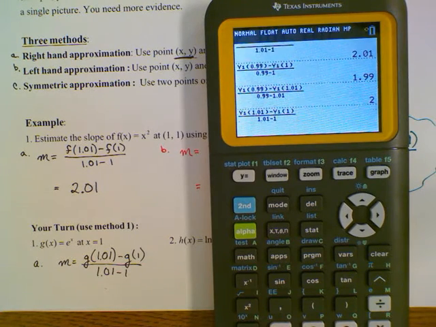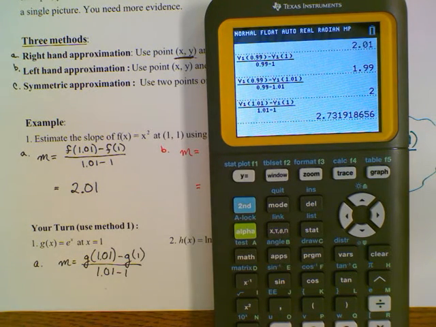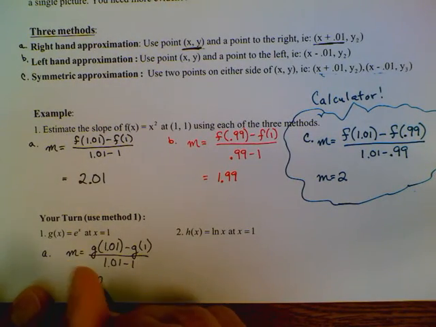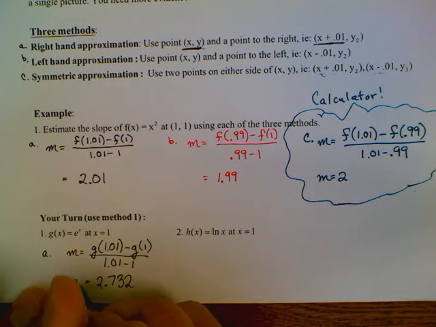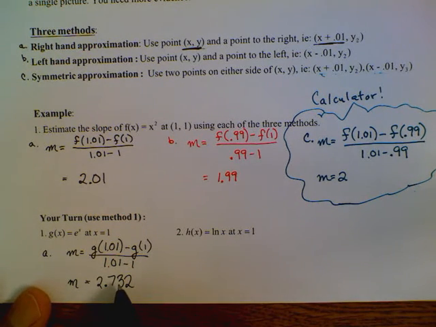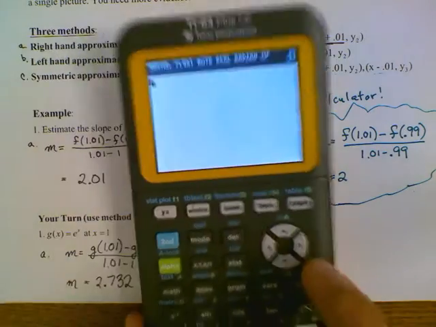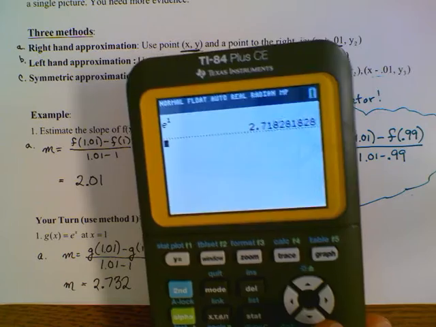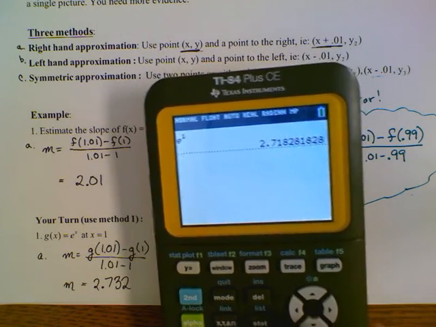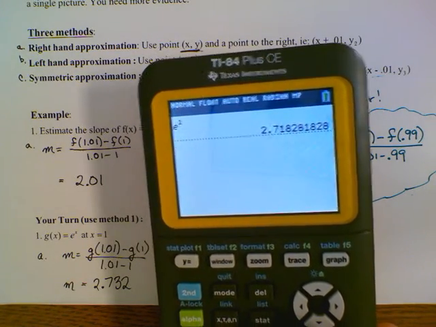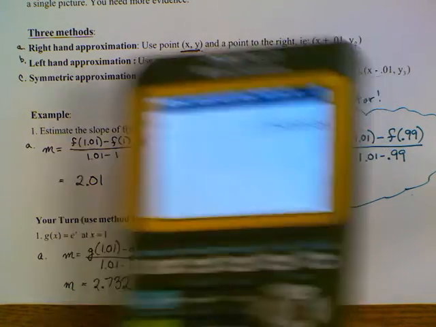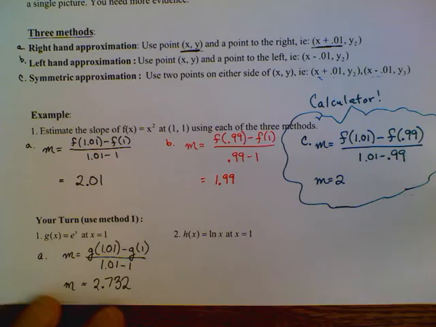All right, so 2.732. Now that's kind of cool that the slope actually, if you're familiar with e to the first power, that's pretty close, right? That's something to think about later.